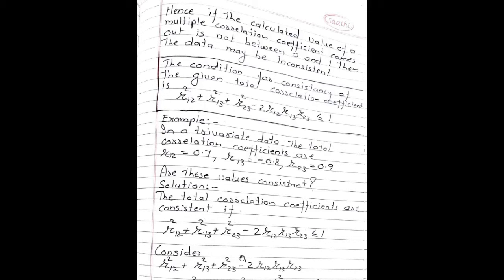We replace the values in the formula: 0.7 square plus minus 0.8 square plus 0.9 square minus 2 into 0.7 into minus 0.8 into 0.9.